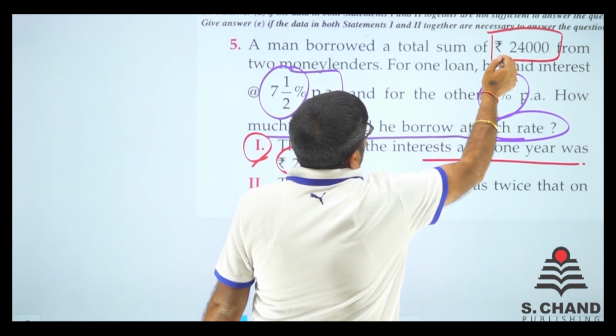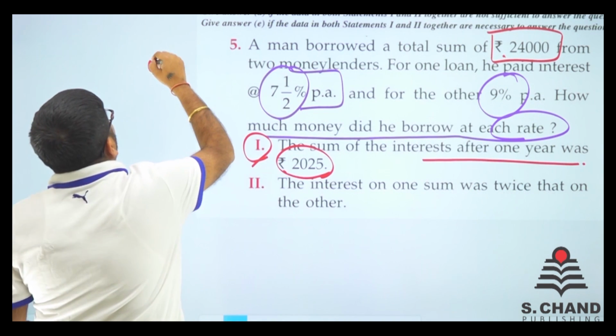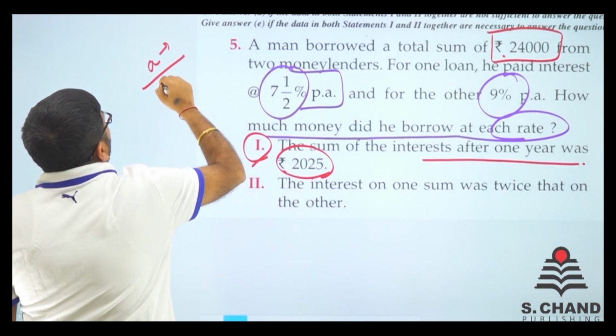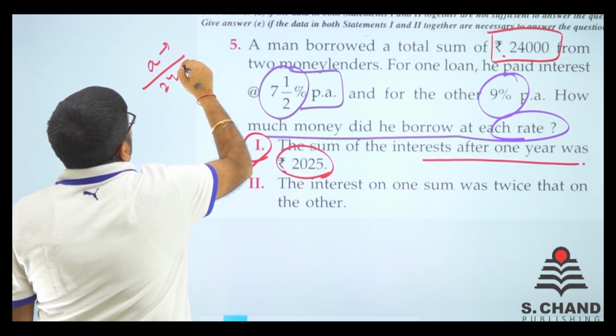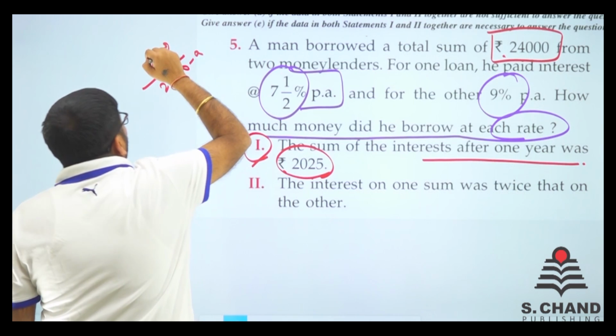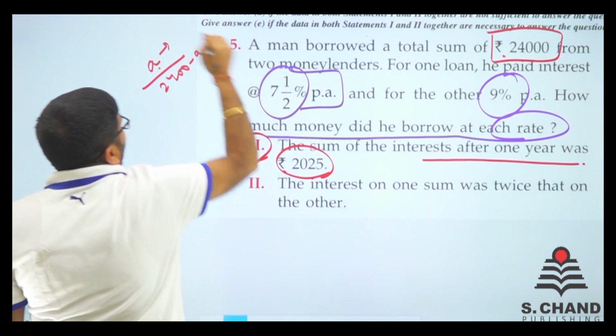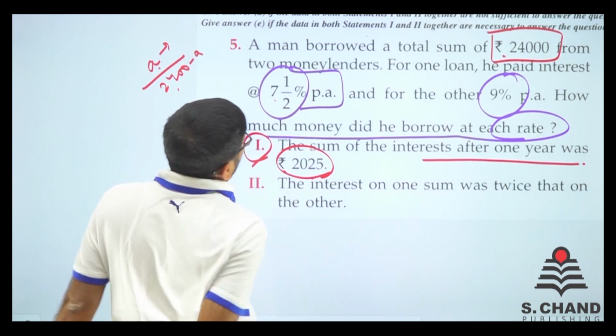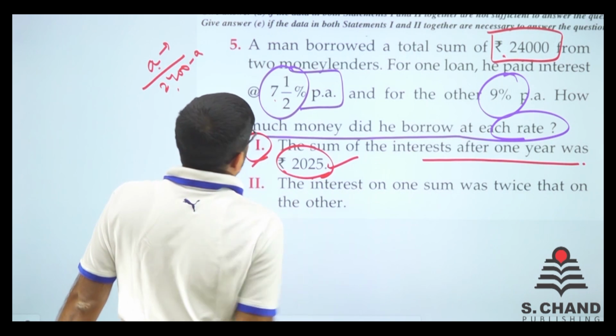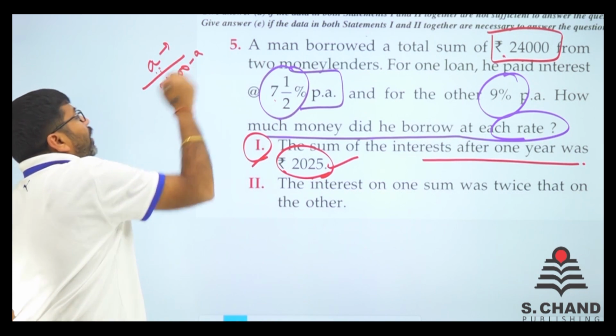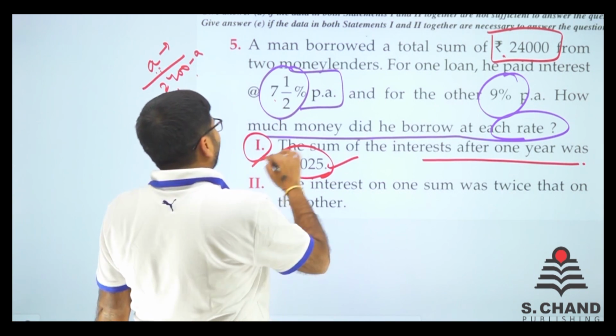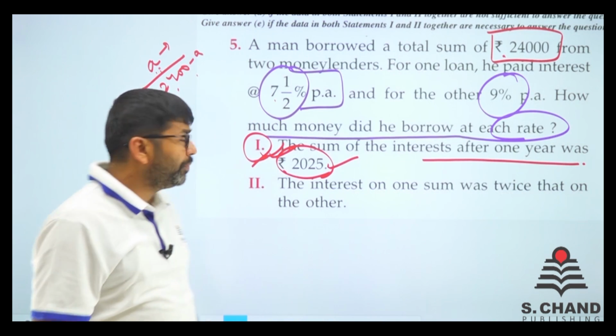Total amount is given. So say for example one is A, the second will be 24,000 minus A. And what we can do is calculate the interest on A and on 24,000 minus A, and set the sum equal to this. A will come, so B will come. So first data is sufficient for sure, right?